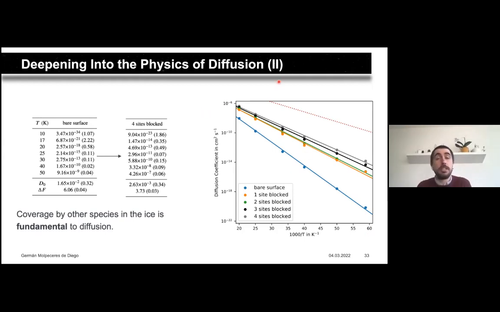This happens because several particles moving at the same time will occupy sites of cavities on the ice, allowing other particles to move freely on the surface, increasing the diffusion and giving us hope that diffusion can really happen in space, but only when the coverage of these ices is high enough.